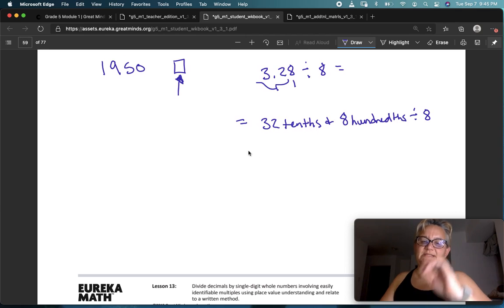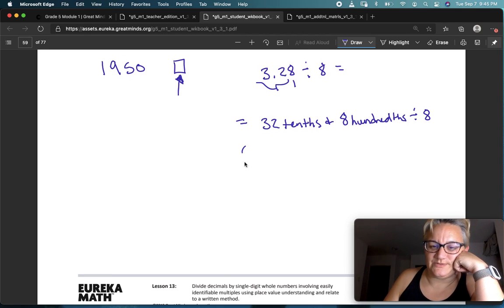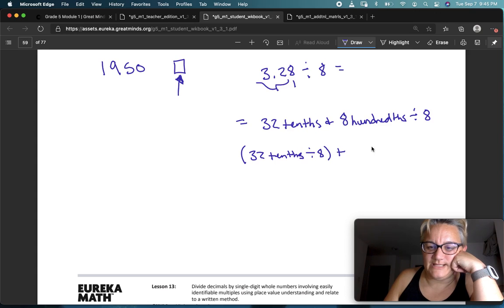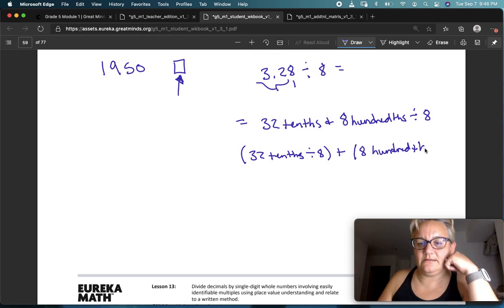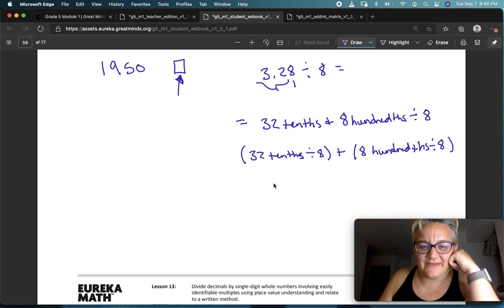Now I'm going to split this apart, and I'm going to divide 32/10 divided by 8 plus 8/100 divided by 8.